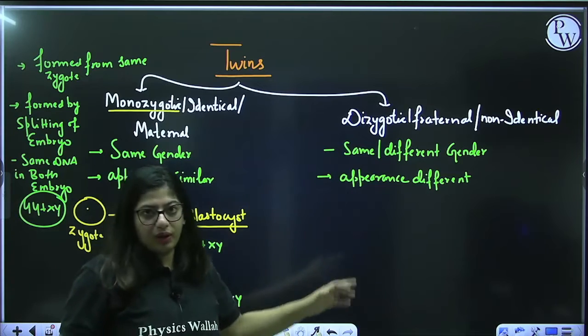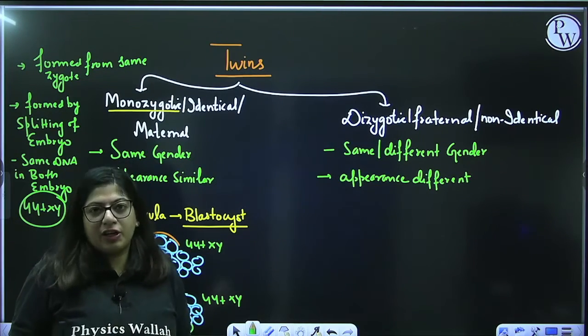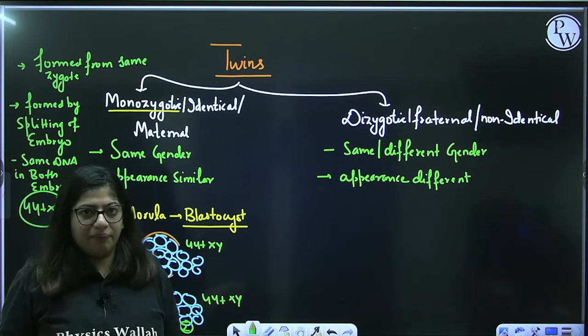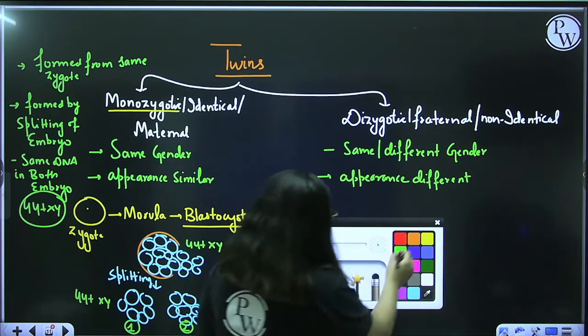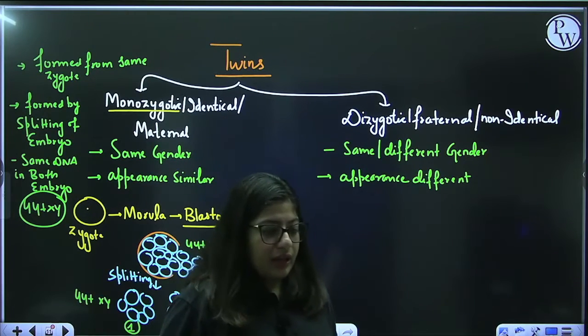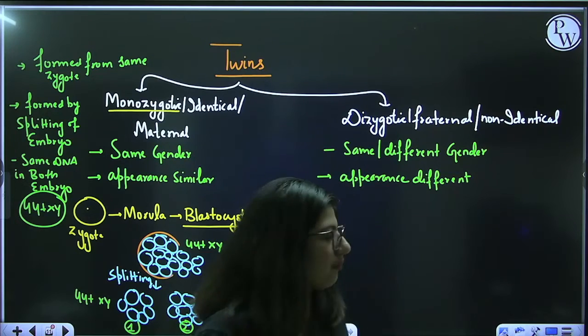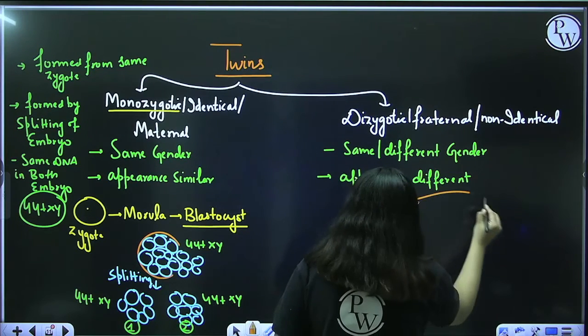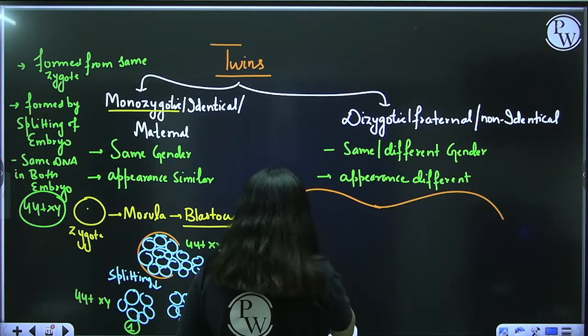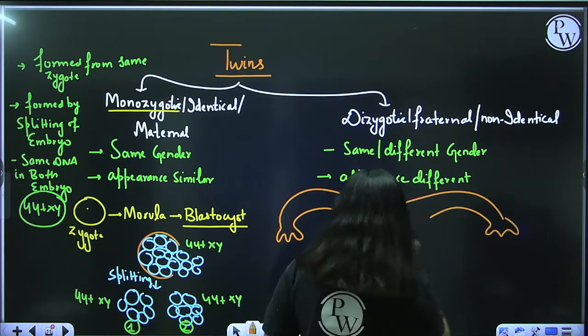What about these ones? When one male and another female is formed, or if both are of the same gender, they don't appear the same. So what happened here? Imagine in a female, at the same time two oocytes got ovulated. There are two fallopian tubes. The female has two ovaries. You all know that, right?